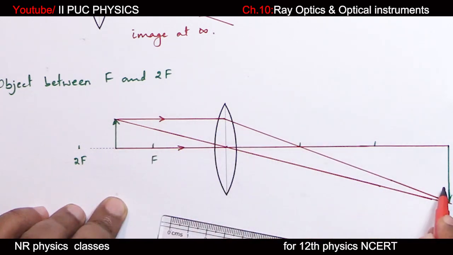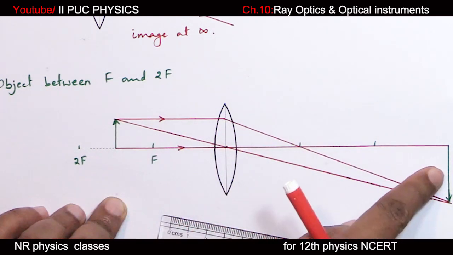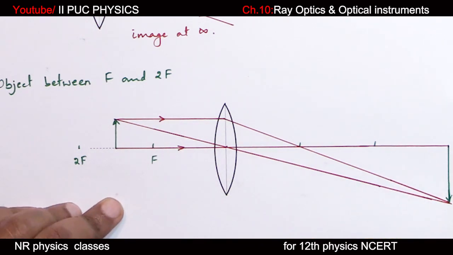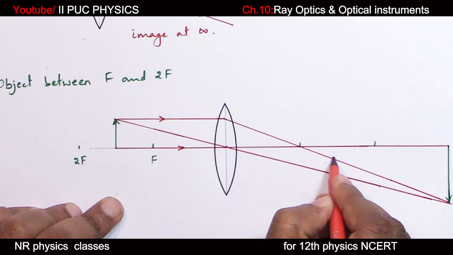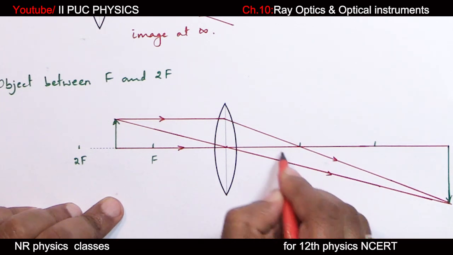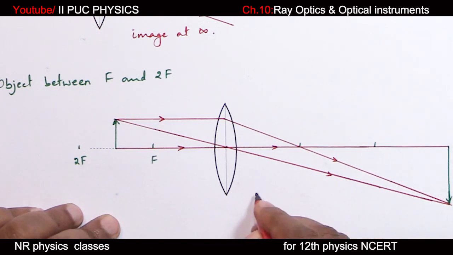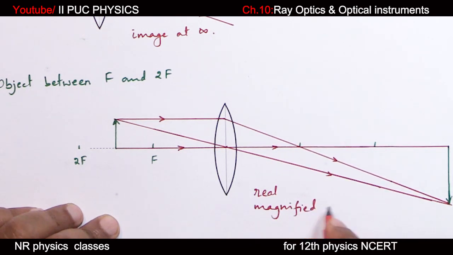So the image is inverted. Also observe height of the object and height of the image. It is magnified. And the image is due to converging rays. Image is due to converging rays means it is real. So real image, magnified, and inverted.